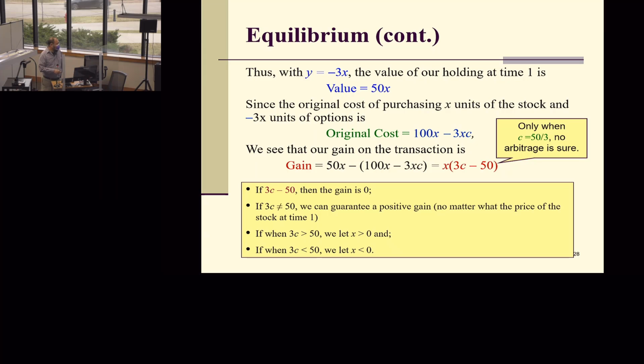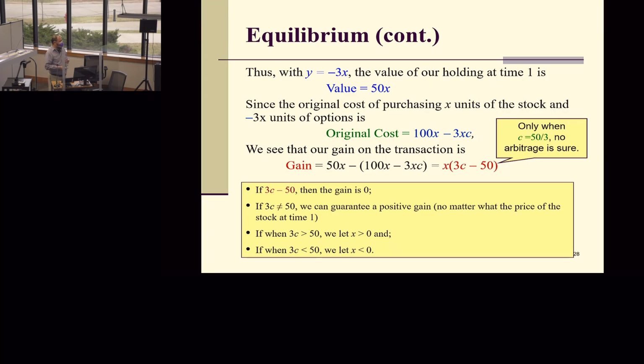So this number equals 0 when 3c equals 50, correct? x is, I assume, some positive or negative number, so it may not be 0. But if 3c minus 50 equals 0, meaning I break even, that's the worst case scenario you could have. Understand what I'm trying to say?